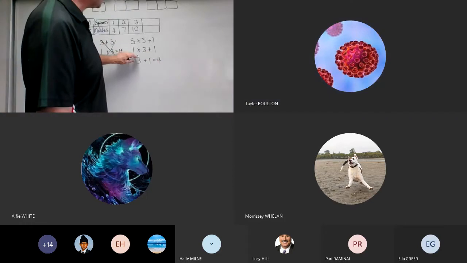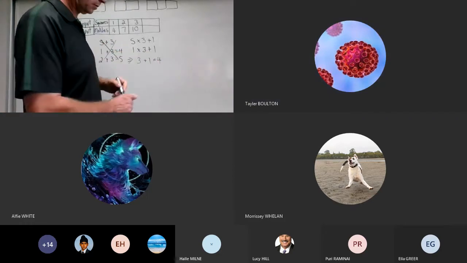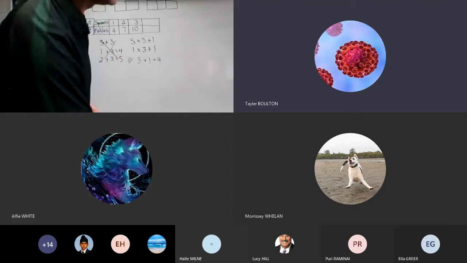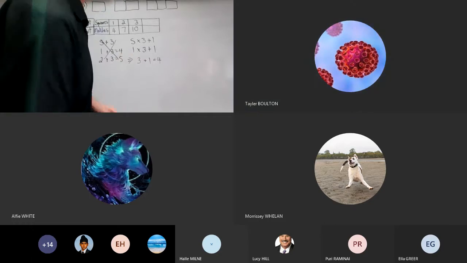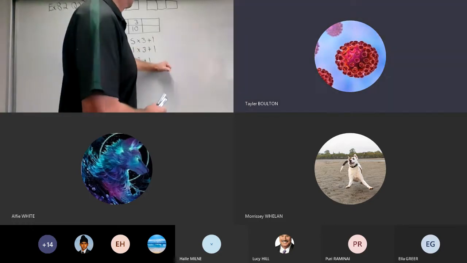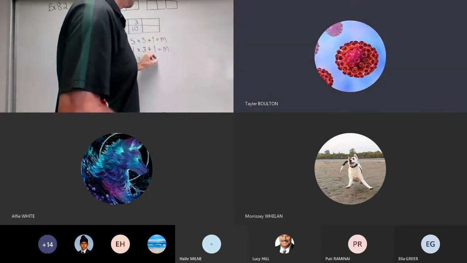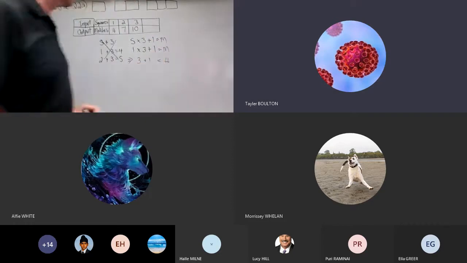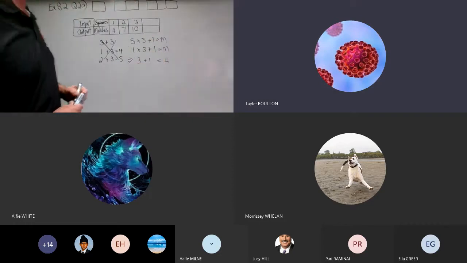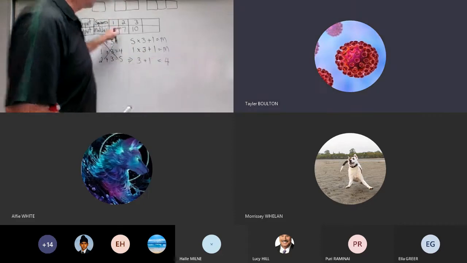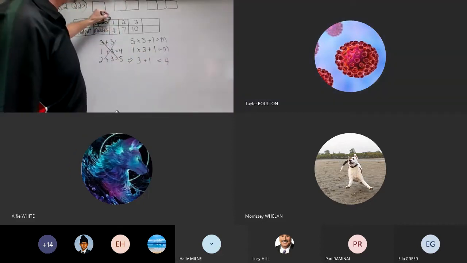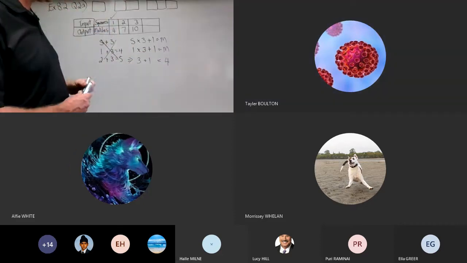So when our side is 1, that actually works. But it works for 1. So that one is okay.